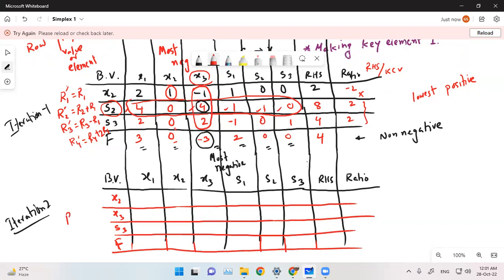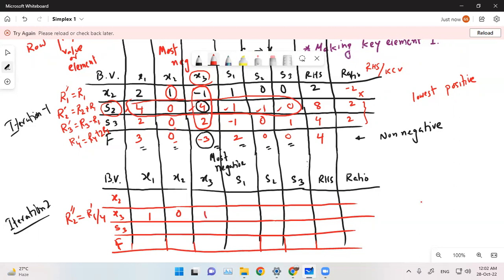So your R2 double prime will be R1 prime divided by 4. So this will be 1, 4 by 4 is 1, 0, 1.